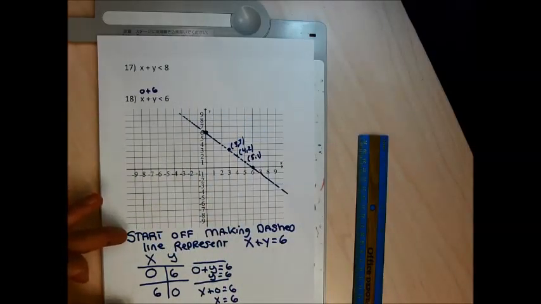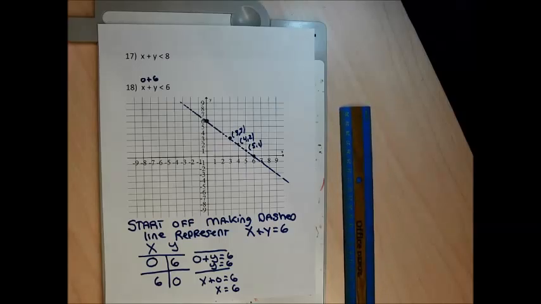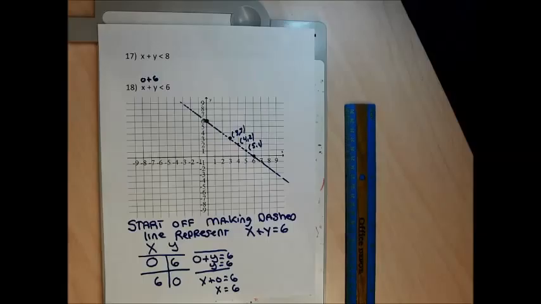So I start off all these inequality graphings by making a line. And then after that, I need to know which side to shade. When you only have one letter, it's easy to know which side to shade. When you have two letters, it's not as easy to know which side to shade unless you're clever.